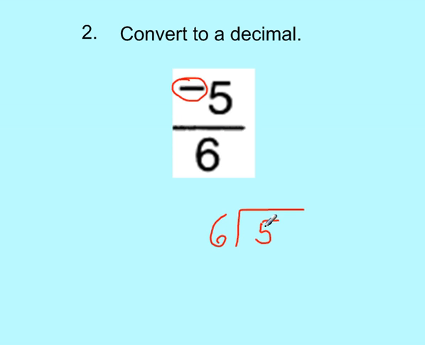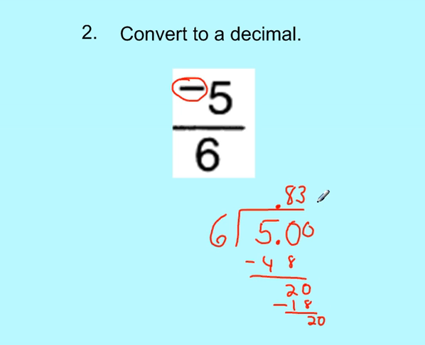Well, 6 can't go into 5, so I'll put a decimal and 0 here. 6 goes into 50 8 times. Subtract 48. I have 2. Bring down a 0. 6 goes into 20 3 times. Subtract 18. And I get 2. Bring down a 0. And 6 goes into 20.